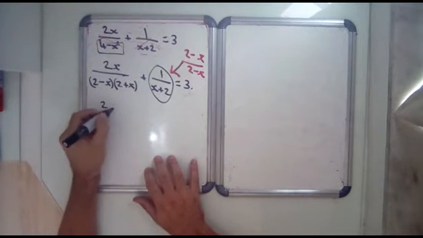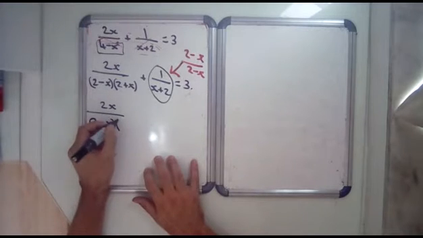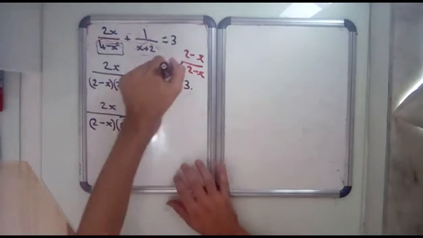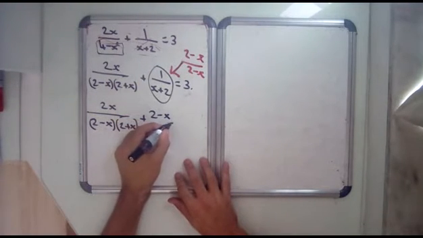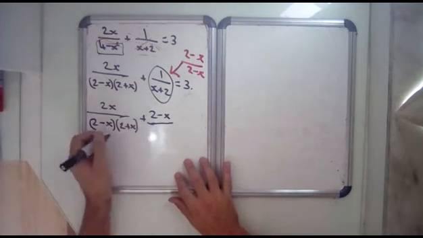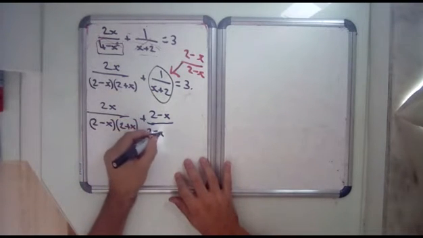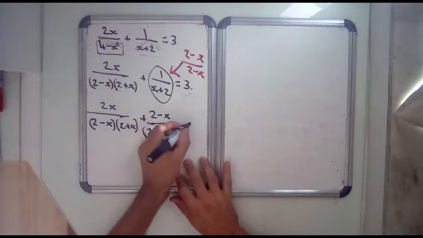So 2x over (2 minus x)(2 plus x), plus, so I'm going to have 1 times 2 minus x is 2 minus x, over, or I'm going to just call that 2 plus x, so over (2 minus x)(2 plus x) equals 3.